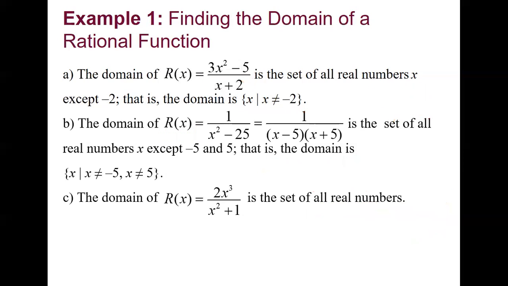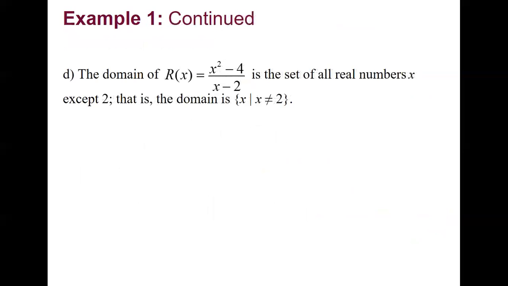All right. The next type that we might have is where you have to factor the numerator, not the denominator. When I factor this numerator, it becomes x minus 2 times x plus 2 divided by x minus 2. What do you notice would happen to my x minus 2? They would cancel out, right?